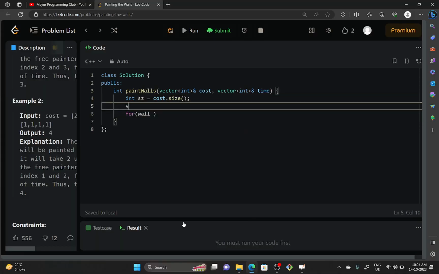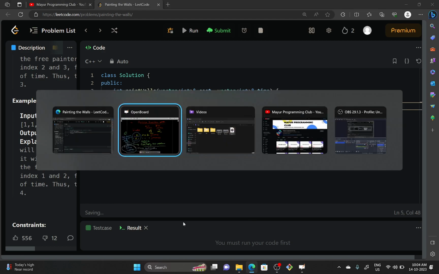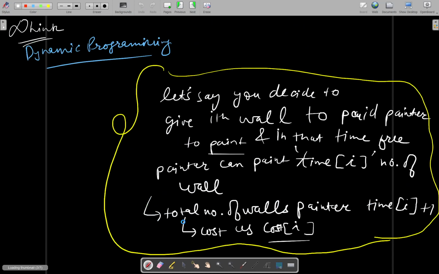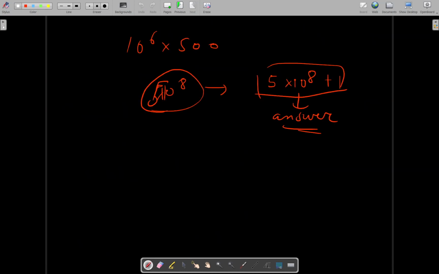Here we will declare a vector. Let's call it minimum cost to paint wall. Okay, and it will be of size plus 1 since it's zero based indexing, and initially all the values will be set to infinity.